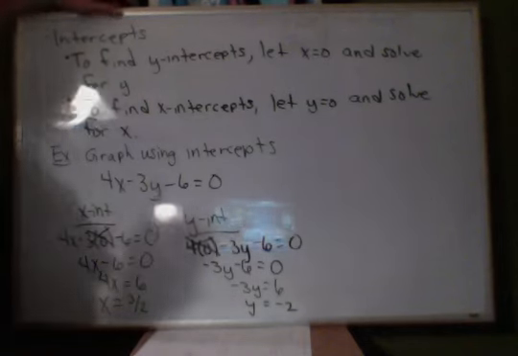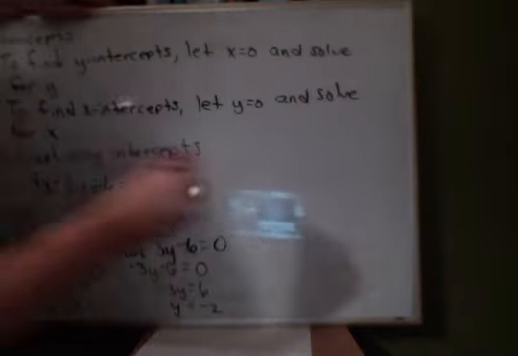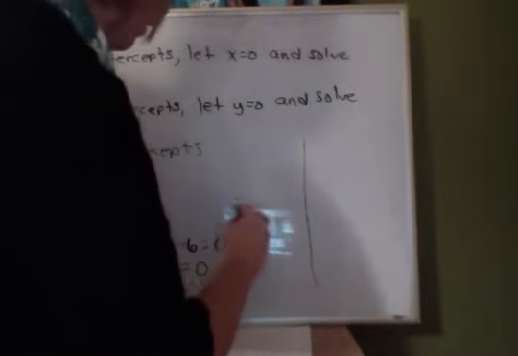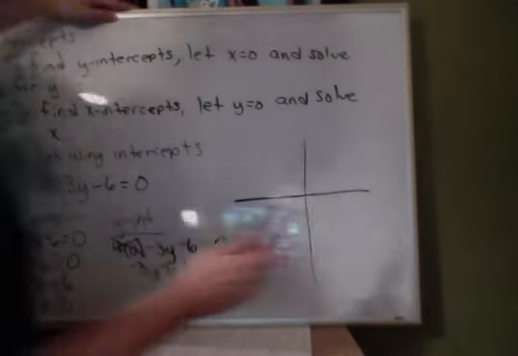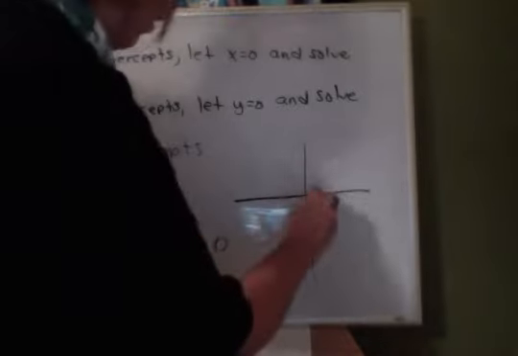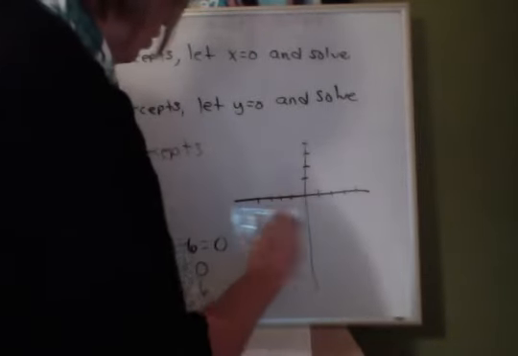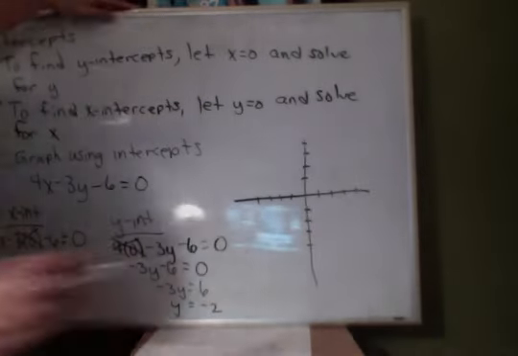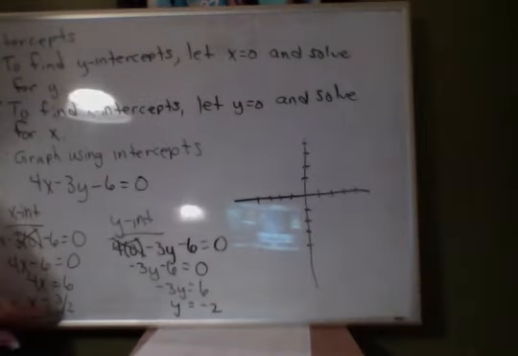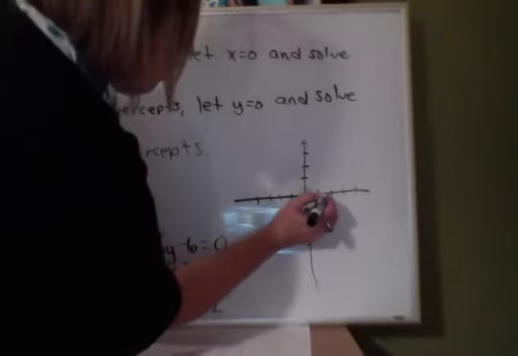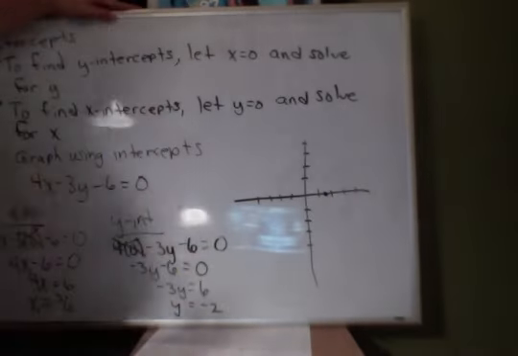Okay. The way that we graph with those intercepts looks like this. 1, 2, 3, 4. We're going to find on the x-axis 3/2, which is 1.5. So we're going to put a point on the x-axis at 1.5.